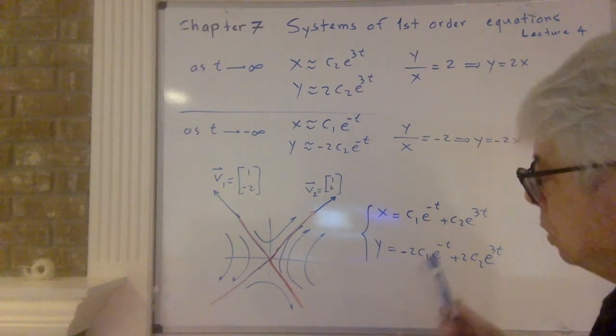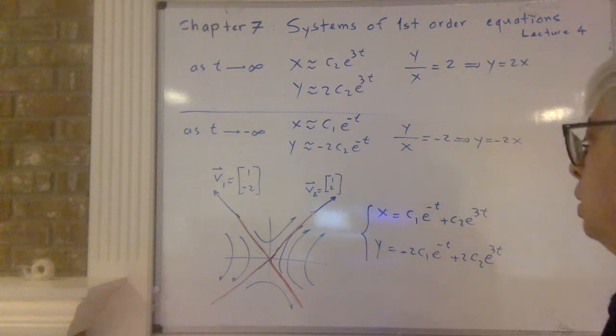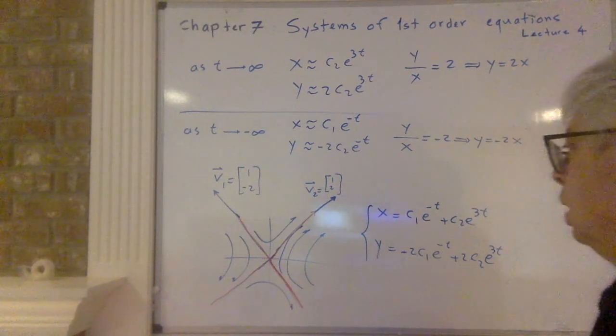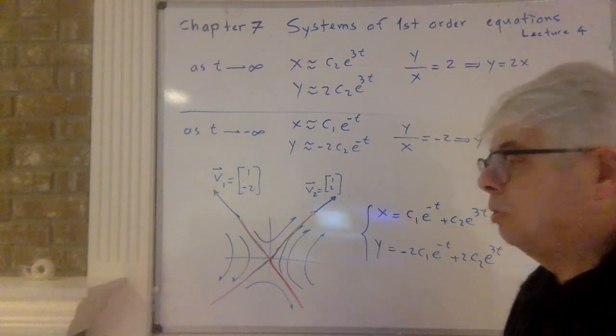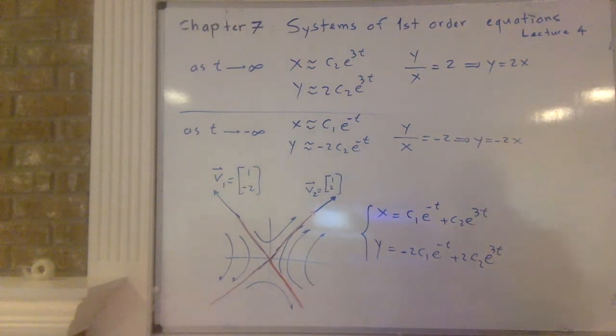But we will discuss this in other lectures, because if both of them are negative, something else happens, and if they are positive, another thing. But in this situation, this is what happens, and the solution looks like this.